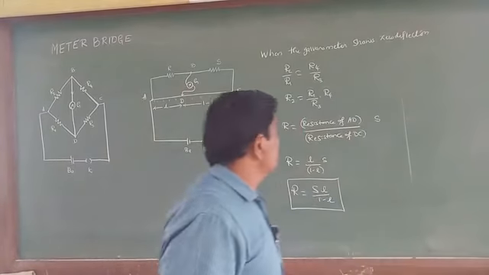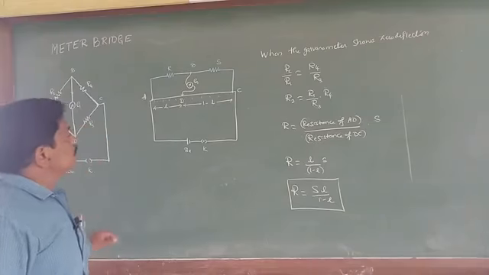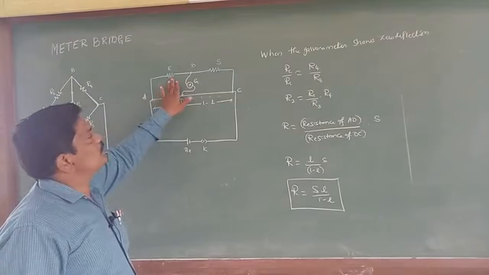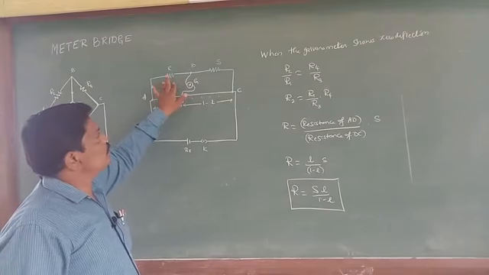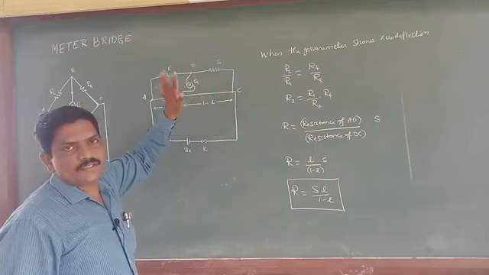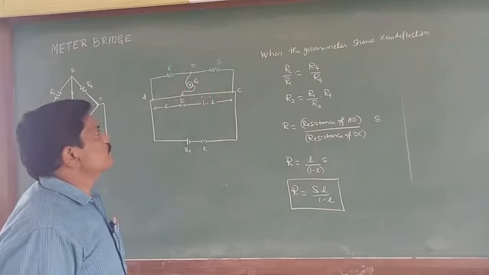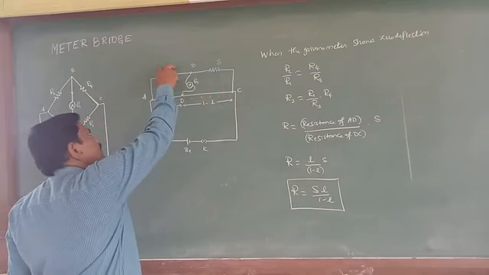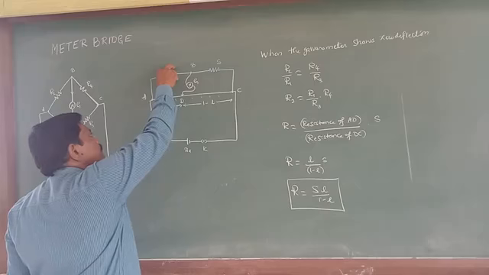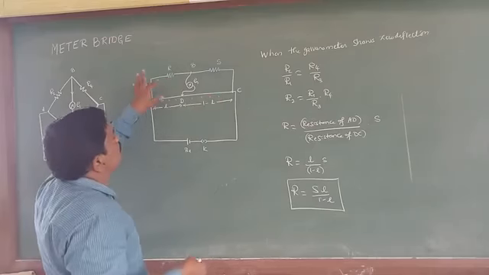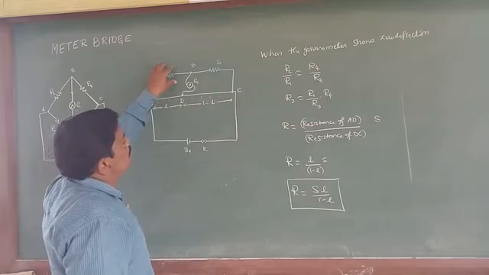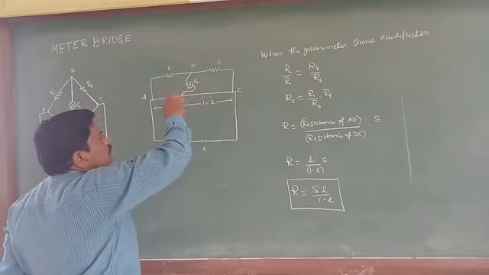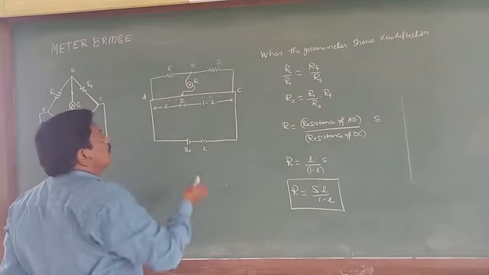Okay, is it clear? See, what happens if we interchange the unknown resistance and the standard resistance? In this case we have connected the unknown resistance in the left gap and the standard resistance in the right gap of the meter bridge.